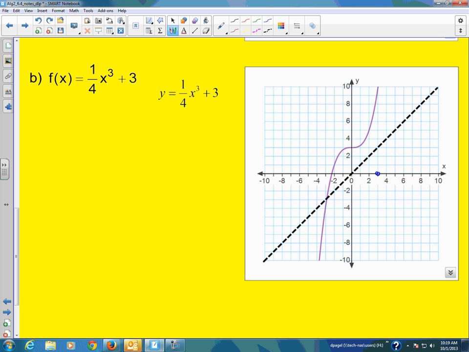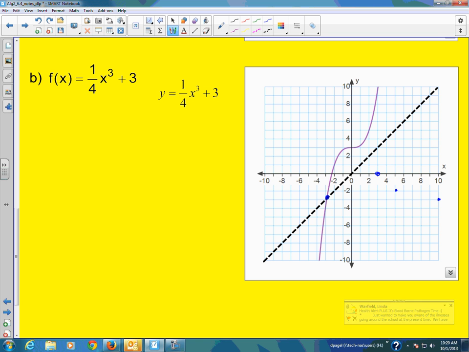So 0, 3, I'm going to do something like that. At that point, it's going to be the same. It appears that I'm going through 2, 5, so 5, 2. And then another point, maybe it looks like I'm almost going through 3, 10, so I'm going to just go 10, 3 just to get an idea graphing-wise what's happening here.